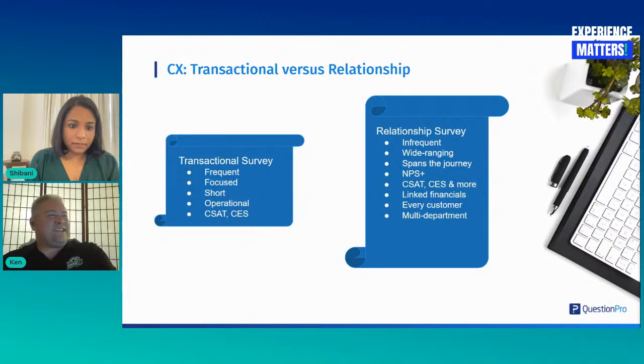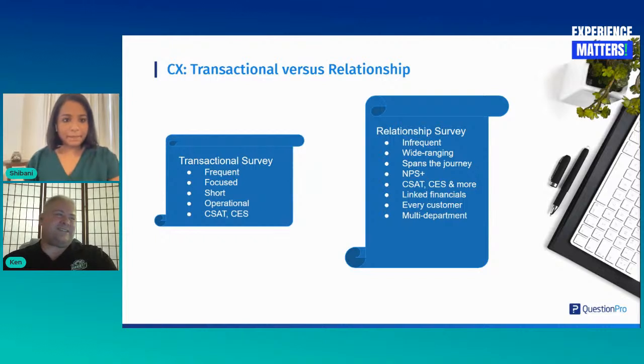The relationship survey really should be wide ranging. It should span all parts of the journey, and it really has to talk about the relationship and what you need to do in the relationship, not just give me some quick feedback on some pain points.